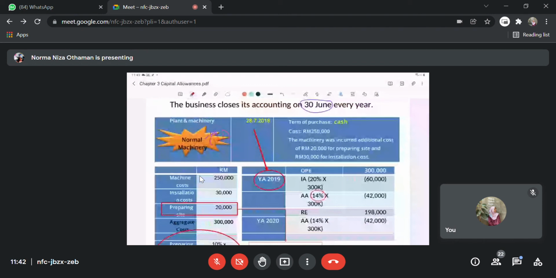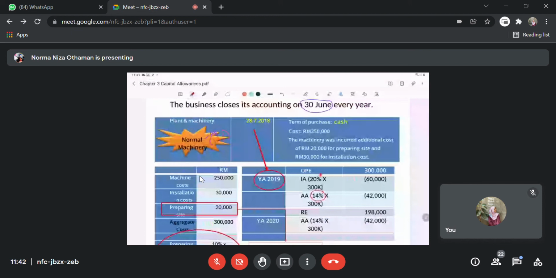Initial is fixed. Then you look at when this particular plant and machinery is acquired, when it was bought. This question gives the acquisition date as 28 July 2018.